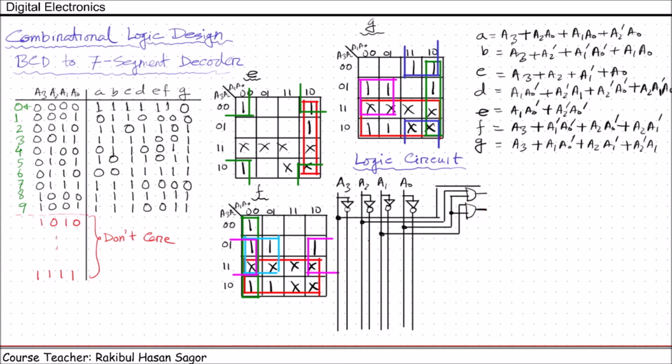Finally, A2 prime into A0, they will pass through AND gate. These are connected. All these outputs will pass through OR gate. This is the output function for A. Let us draw the remaining logic circuit in the next page.